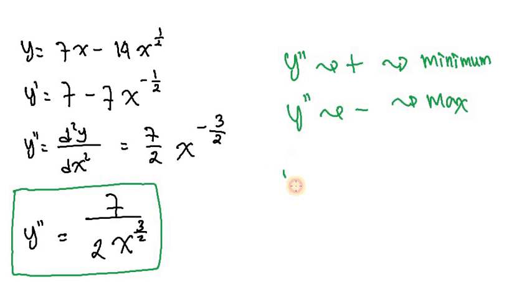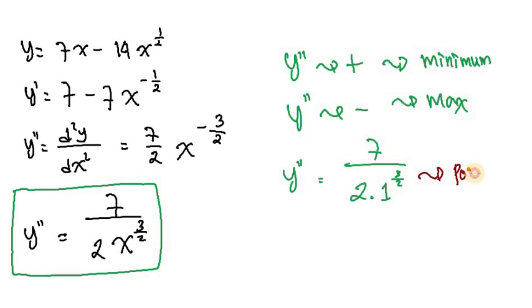So y double prime equals 7 over 2 times 1 to the power of 3 over 2. We don't need to calculate that. We just need to show that this is positive.